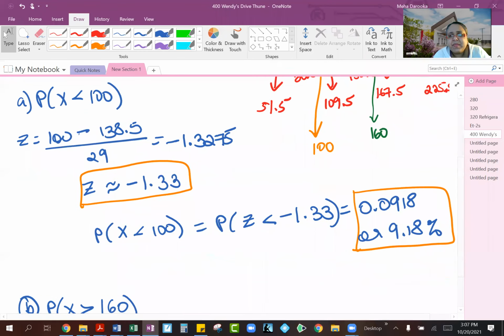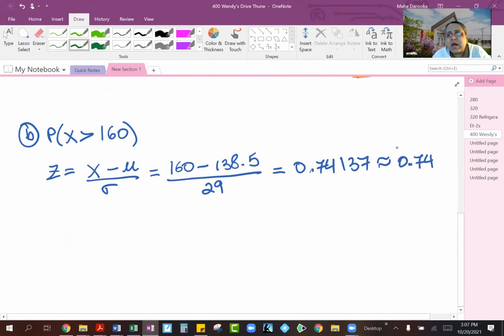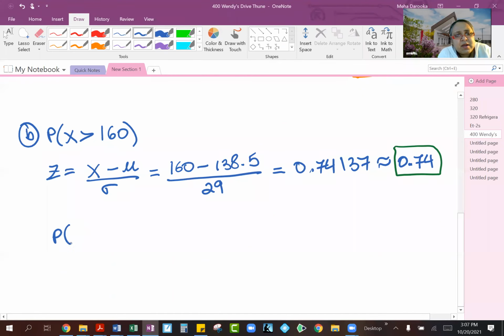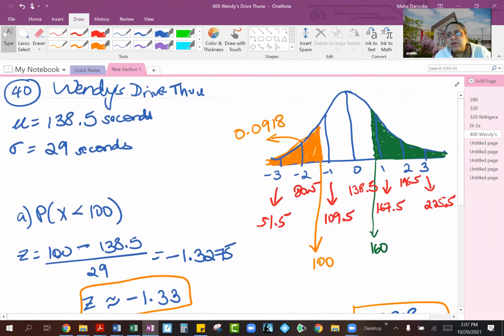And then we will need to use our little table over here to figure out what that probability is going to come out to be. So right now, we've got more than 160 seconds, which comes out to be a z-score of more than 0.74. So think about this again.